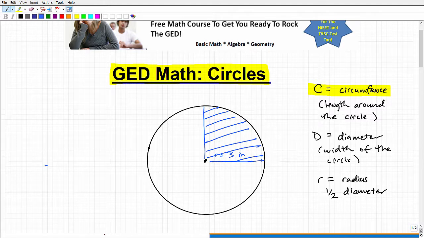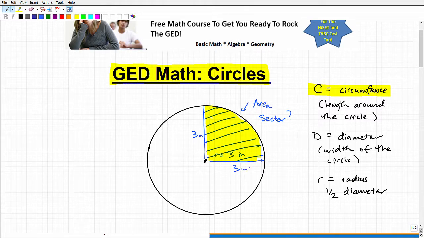Remember, a sector is like a pizza slice of the circle. And I just defined that this is 1/4 of the circle. How can we find the area of this sector? It has a radius of 3, 3 inches this way, 3 inches this way.